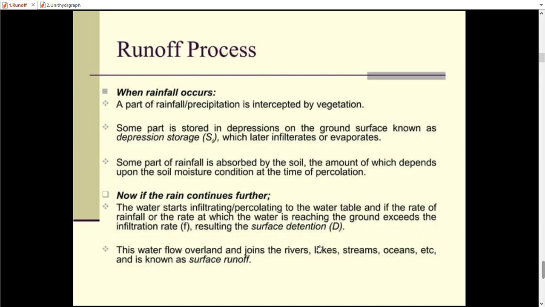Normally the water reaches the water table, and if the rate at which the water is reaching the ground exceeds the infiltration rate, it results in surface detention. This water flows over land and joins rivers, lakes, streams, oceans, and is known as surface runoff.